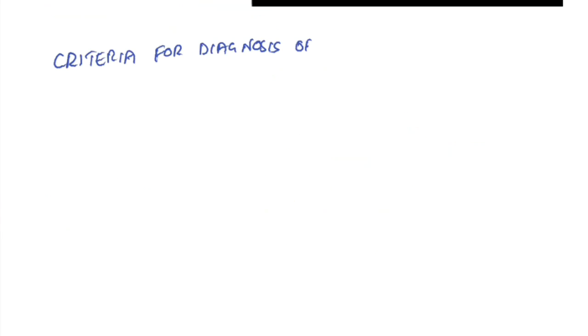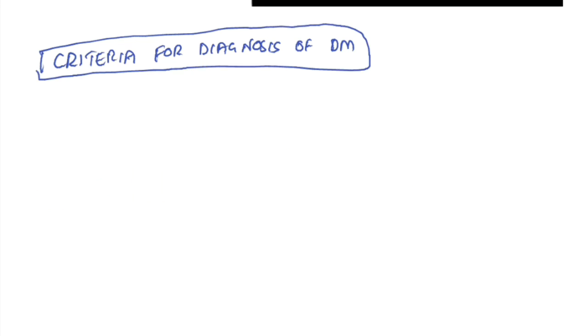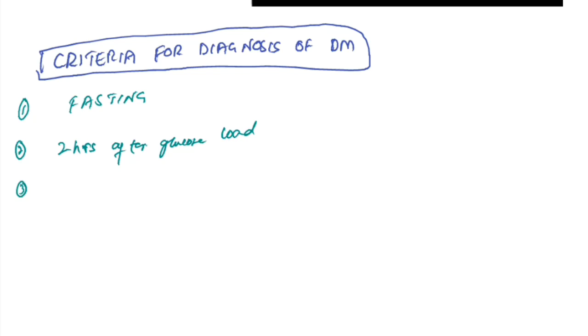Now I'll tell you the criteria for labeling someone as diabetic. There are three states in which we measure the blood sugar. First is the fasting state, in which the patient does not eat or drink anything for 8 hours. Then there is 2 hours after glucose intake, and then comes random, which means we take the blood at any random time of the day.